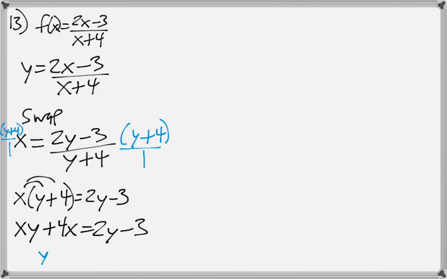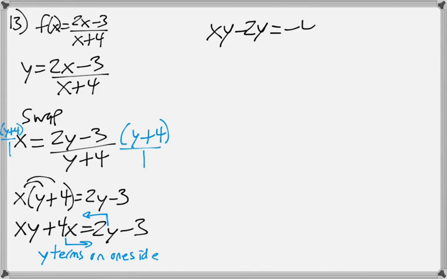So I want to move this guy over there, and I'm going to move this guy over there. So xy minus 2y is equal to negative 4x minus 3.